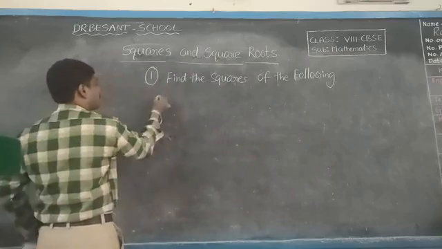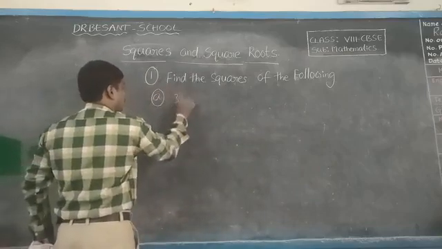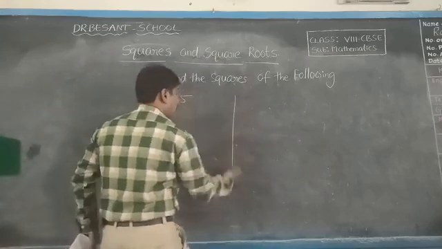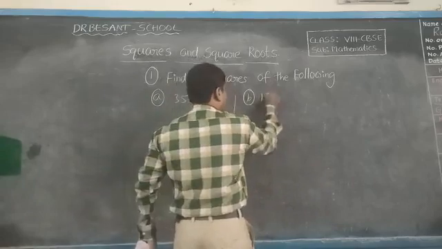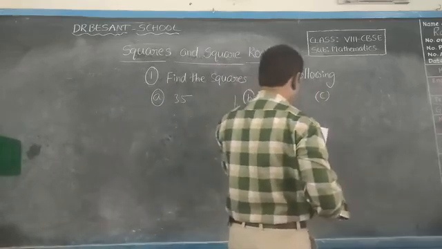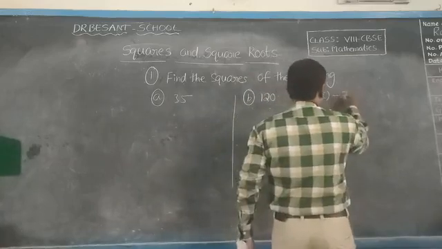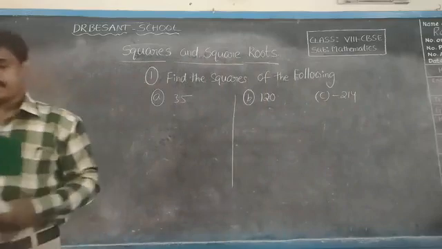The first one, A: 35, B: 120, C: minus 214. So these three sums I will solve.